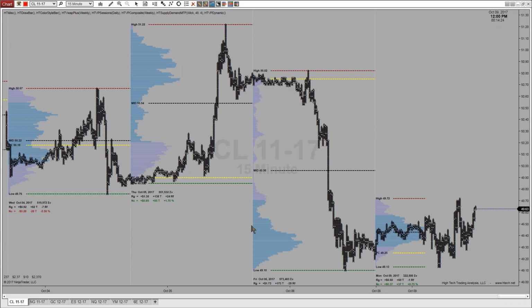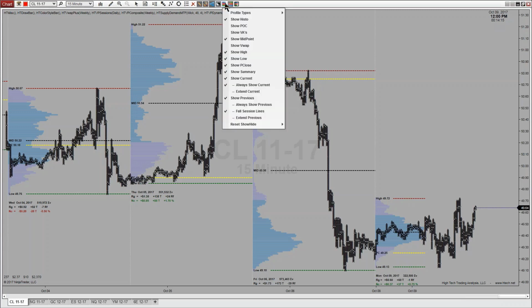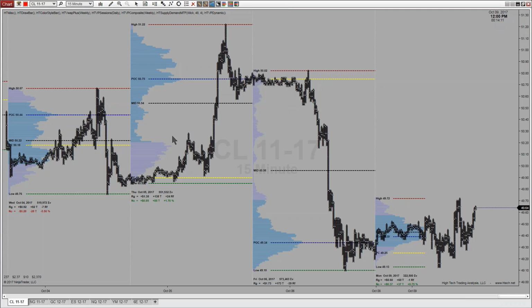So again, first of all, in order to understand the representation of this chart, we want to find the volume point of control. We find the price level at which the most volume traded.